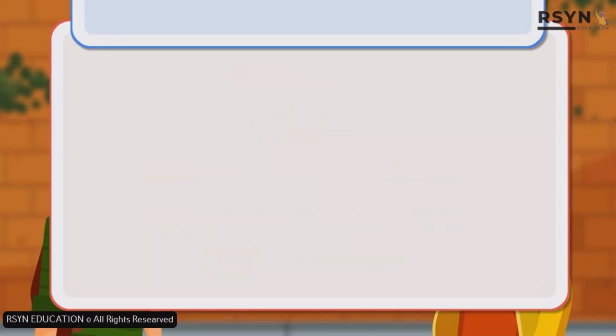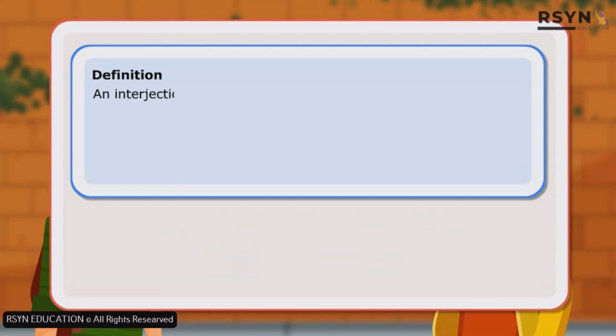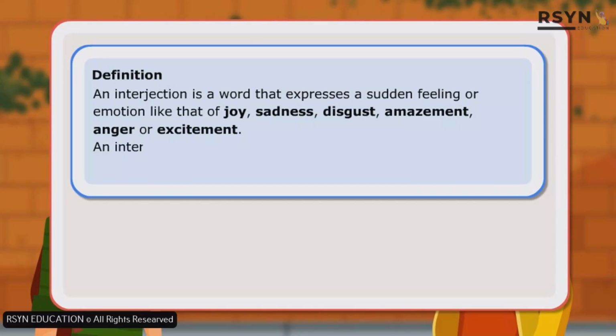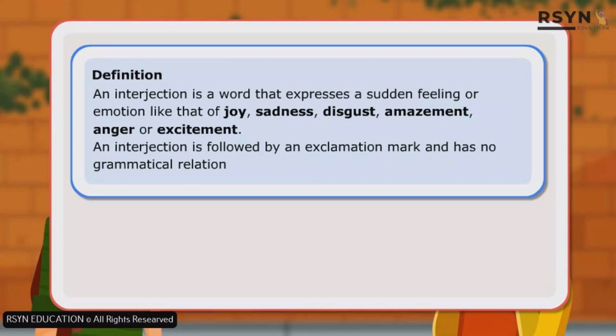Definition: an interjection is a word that expresses a sudden feeling or emotion like that of joy, sadness, disgust, amazement, anger, or excitement. An interjection is followed by an exclamation mark and has no grammatical relation with other words in the sentence.